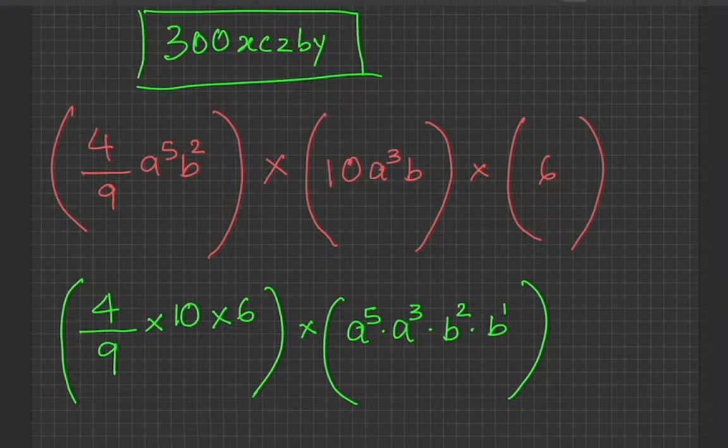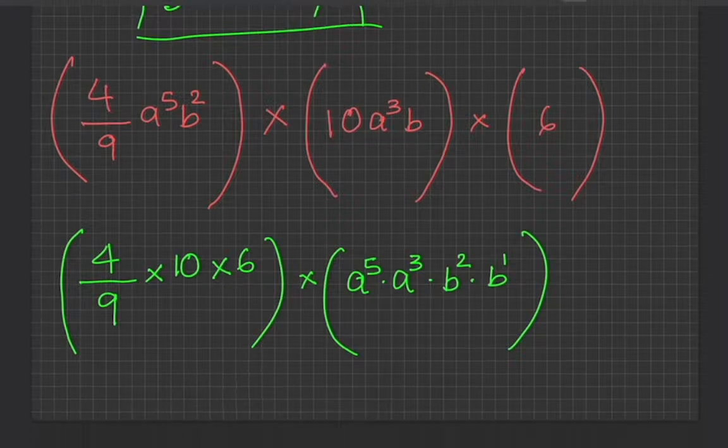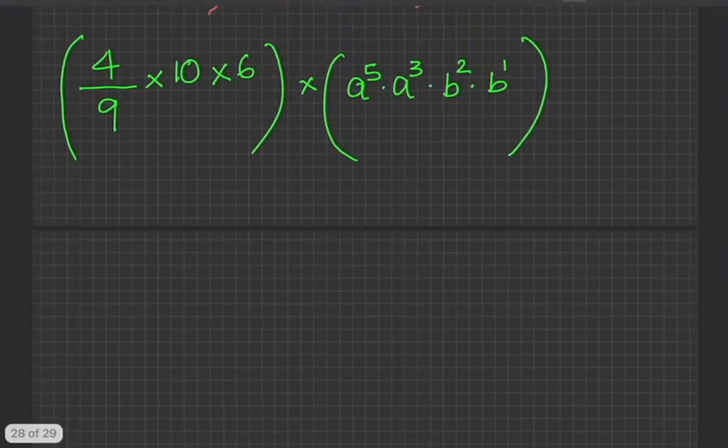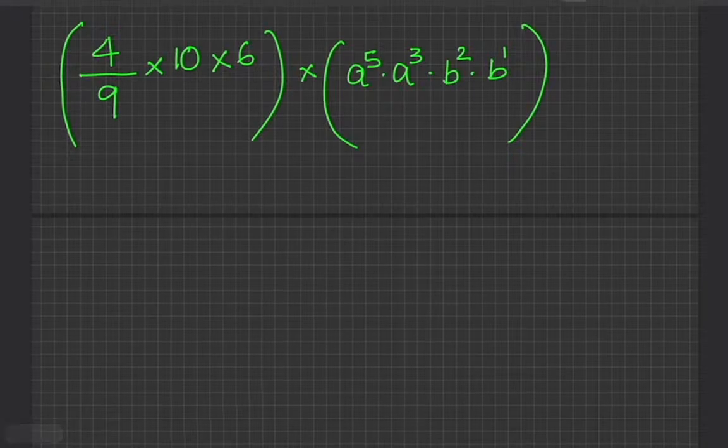I have to multiply. So remember, we are multiplying, whether you take it as fractions or rational numbers, the rule for multiplication is you multiply the numerator and you multiply the denominator. Let's assume that there is 1 over here.